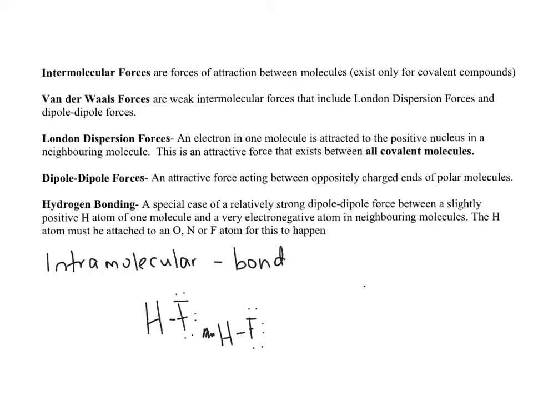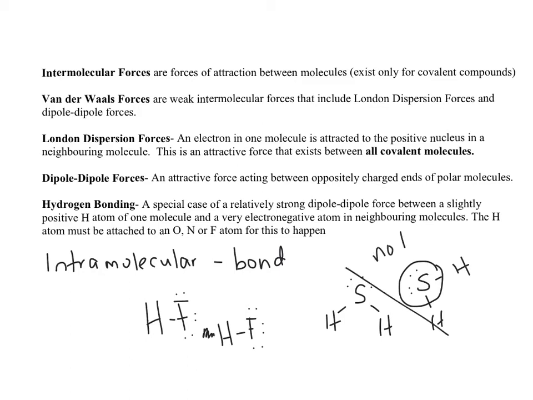If you had, let's say, two molecules of H2S, there's no hydrogen bonding here because this is not nitrogen, oxygen, or fluorine. So no hydrogen bonding. This one has hydrogen bonding.